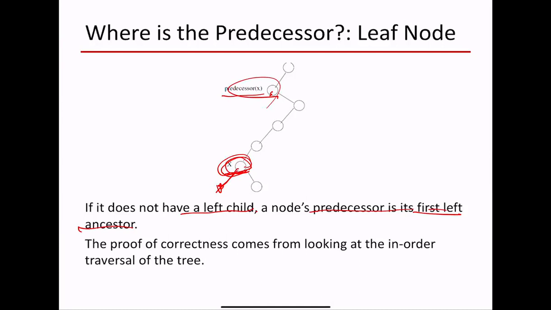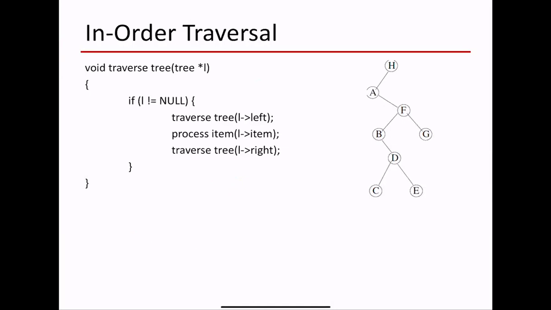So you know the in-order traverse, right? What's the in-order traverse of this one?